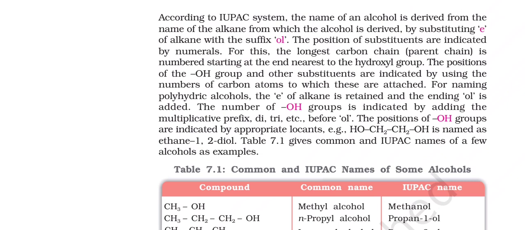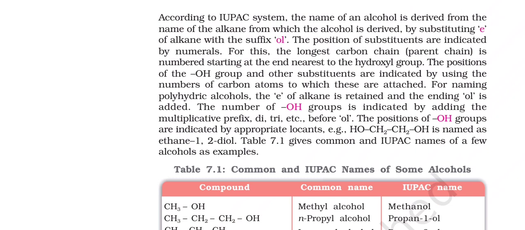For this, the longest carbon chain is numbered starting at the end nearest to the hydroxyl group. The positions of the OH group and the other substituents are indicated by using the numbers of the carbon atoms to which these are attached. For naming polyhydric alcohols, the E of the alkane is retained and the ending OL is added.